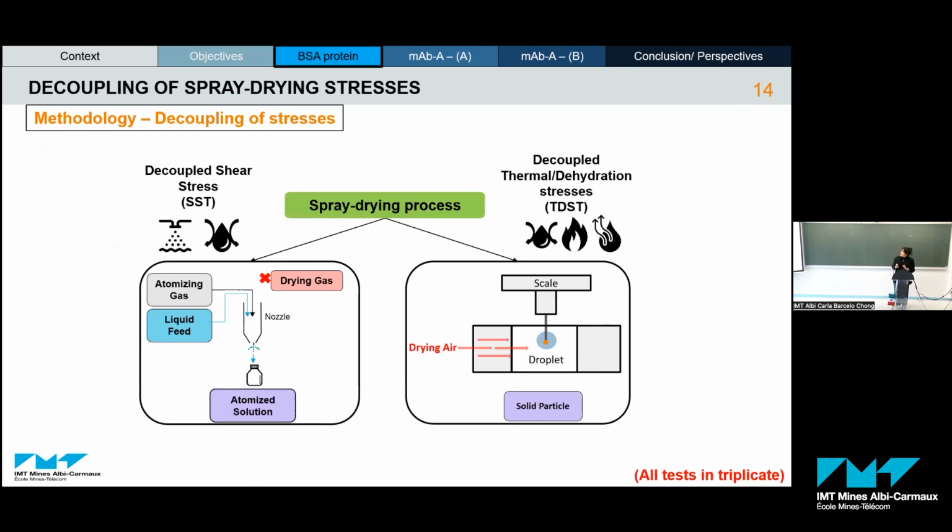Then the setup and methodology for the decoupling of stresses will contain three sections. The first one will be the performing of the spray drying process, and then the decoupling of two stresses. First, the shear stress in the decoupled shear stress test, and secondly, the thermal and the dehydration stresses.